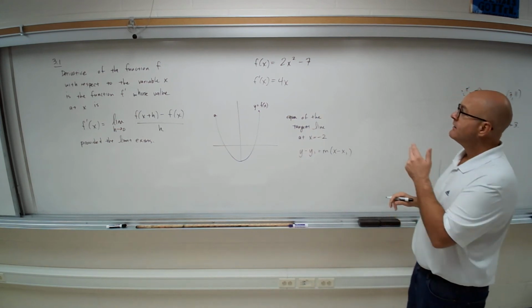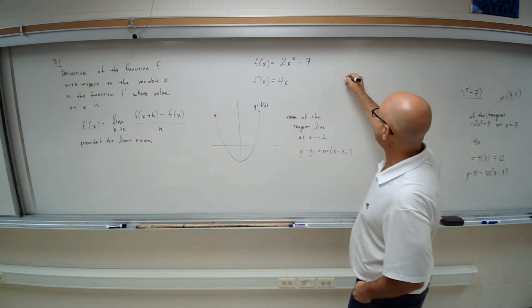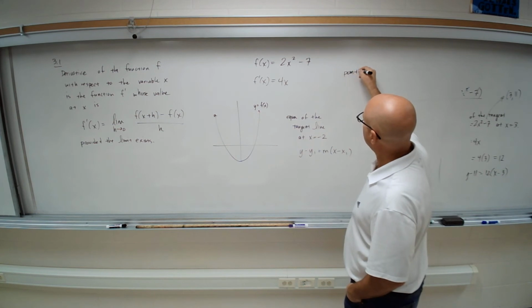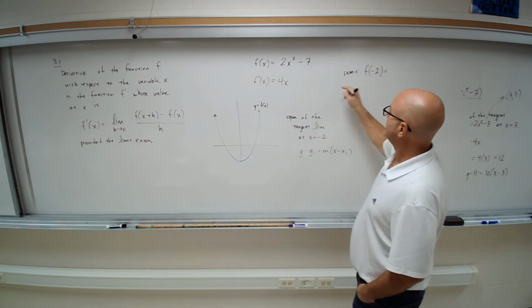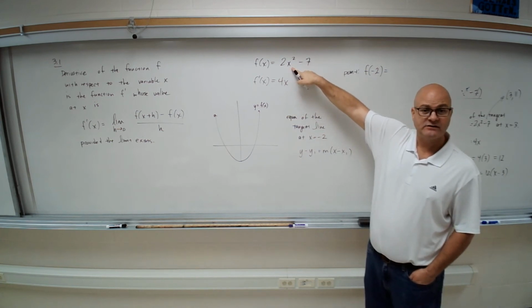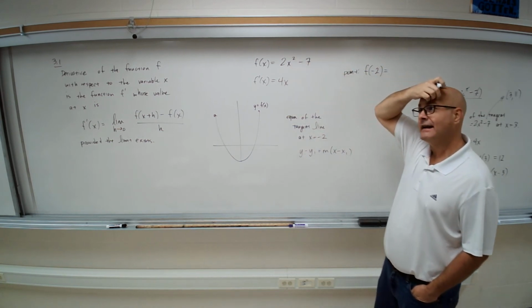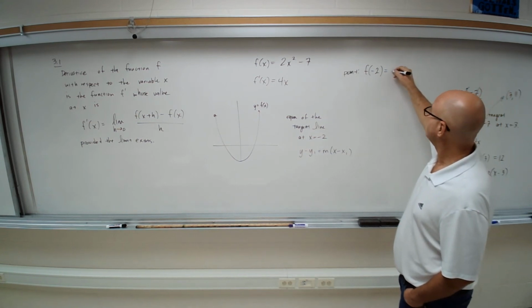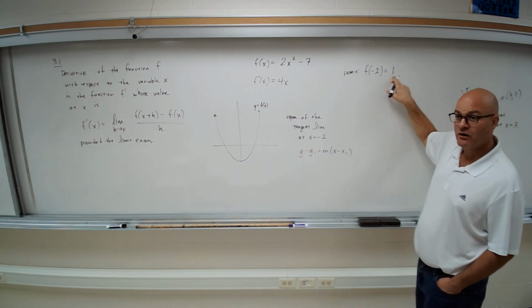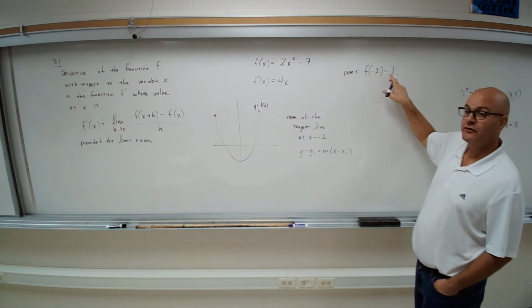So to find the point, we do f of -2. So we plug -2 into this equation. That gives us 8 minus 7, which is 1. So our point is going to be (-2, 1).